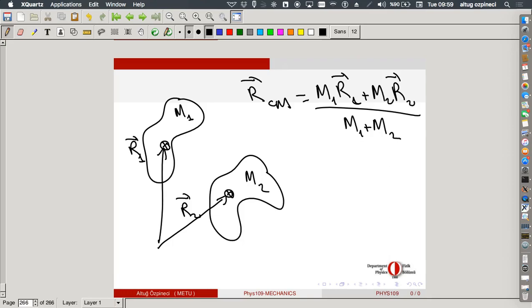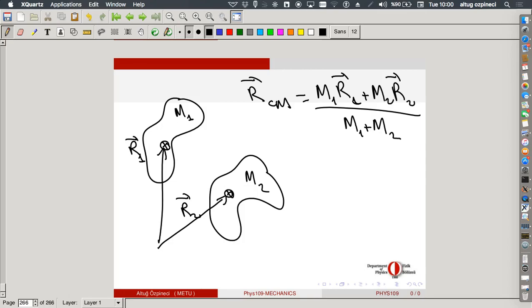So that is one part of our claim that extended objects behave just like point objects, provided that we take the center of mass to describe its position and its motion. This will be our second claim. This is, in fact, the expression that we use if mass 1 and mass 2 were point objects located at their centers of mass.